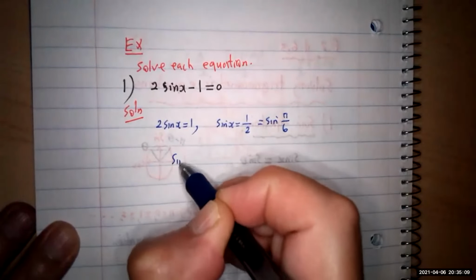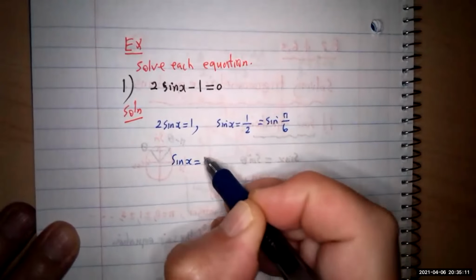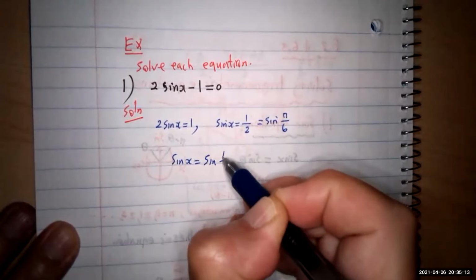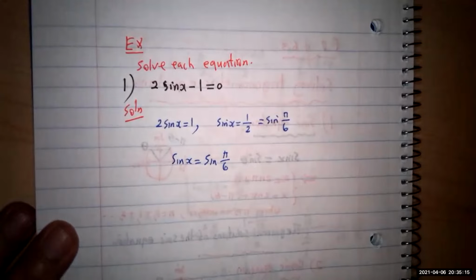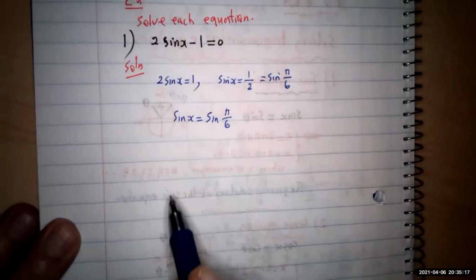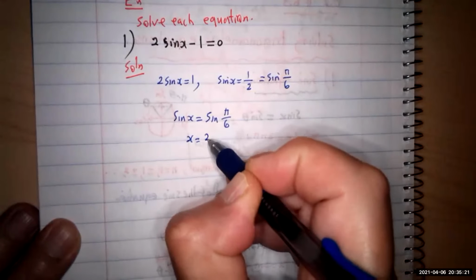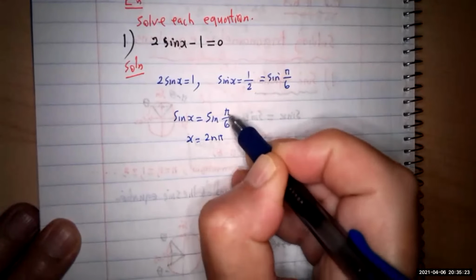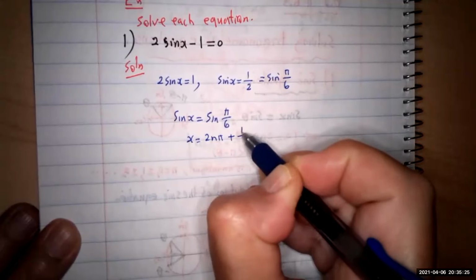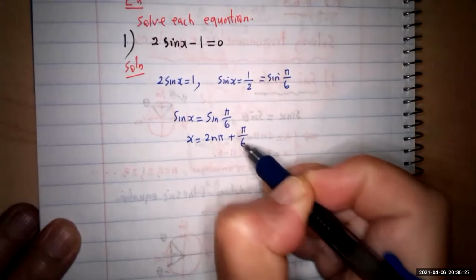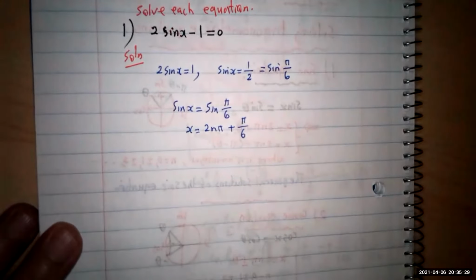Okay, so the sine x is equal to the sine of pi over 6. And you know the general solution for the sine equation. Remember, x is equal to, around the circle, 2n pi plus pi over 6, because one of the solutions is pi over 6. Remember, the other one is pi minus pi over 6.